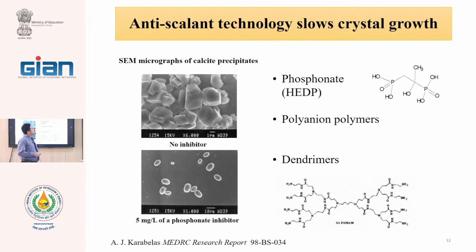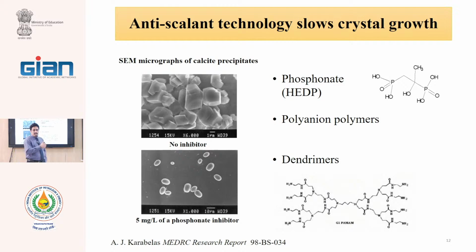Or dendrimers can be used, or polyanions as a polyelectrolyte, and others. For example, with similar wastewater and a similar membrane, one had no inhibitor, no anti-scalant, and another used only 5 ppm of phosphonate inhibitor in the feed.